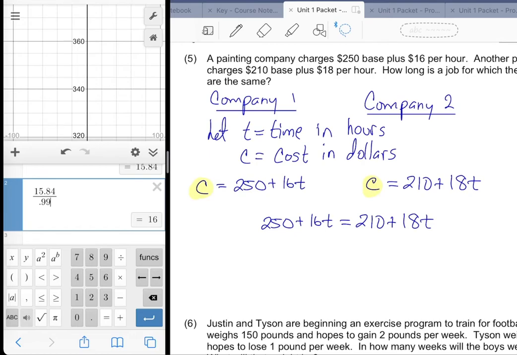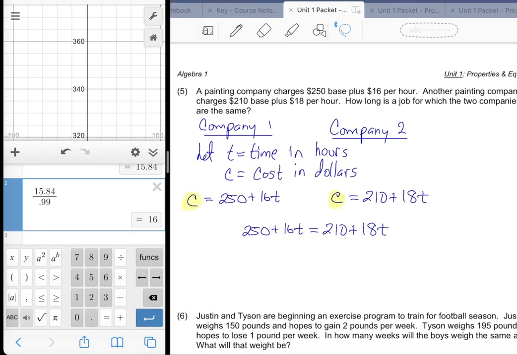It's an old property. We didn't really talk about it yet, but it's something called the transitive property. If A is equal to B and B is equal to C, then A is equal to C. It's also the basis of substitution.